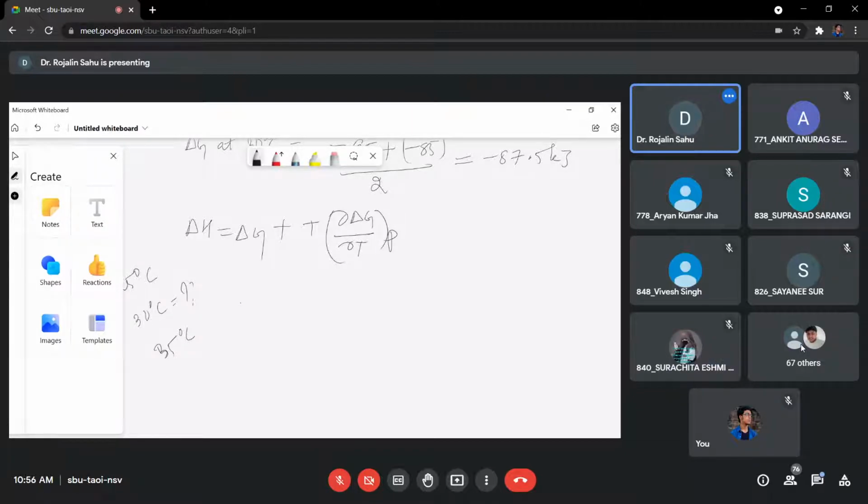So now, del G is equal to del H minus T del S. If we put all the values, then del G is del H plus T into del G by del T at constant pressure.